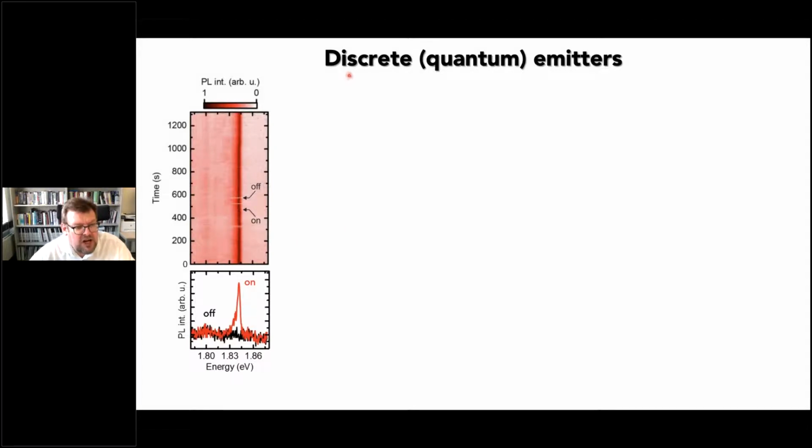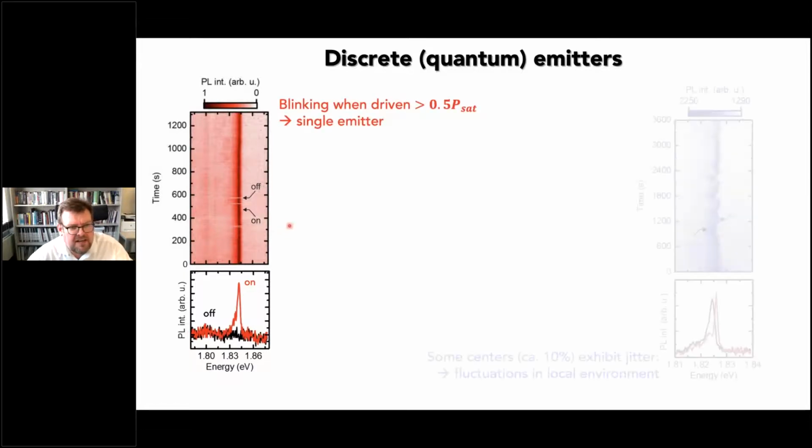Now, these sharp lines are also discrete quantum emitters, and we can show that by looking at the luminescence as a function of time. You see they exhibit blinking, they go dark and then get bright and then go dark again. That only happens for single centers. If you had many, they wouldn't all go dark at the same time unless you were very unlucky.